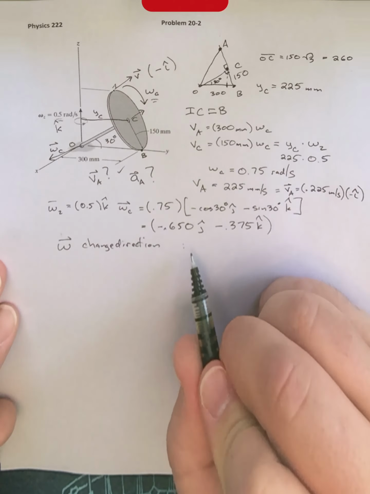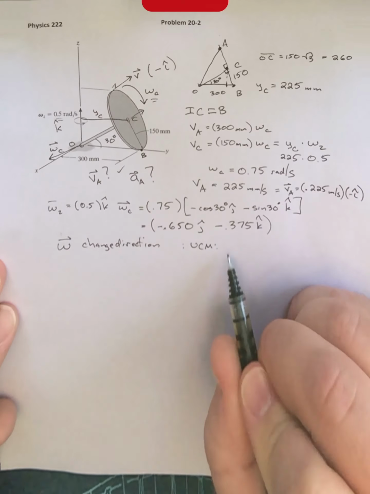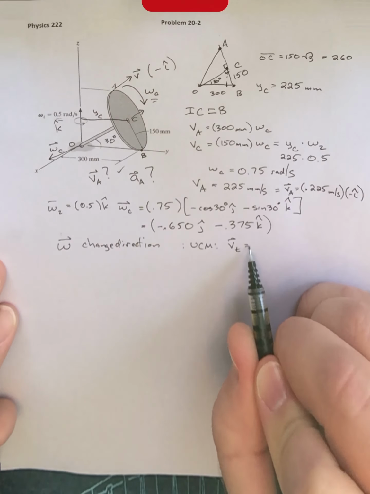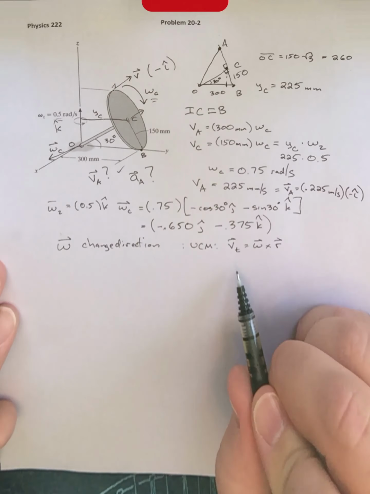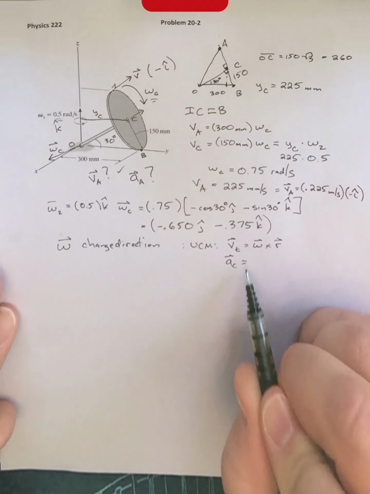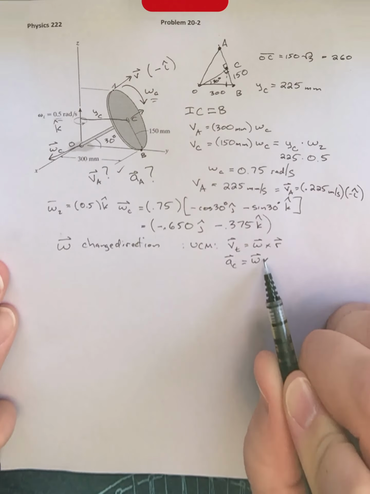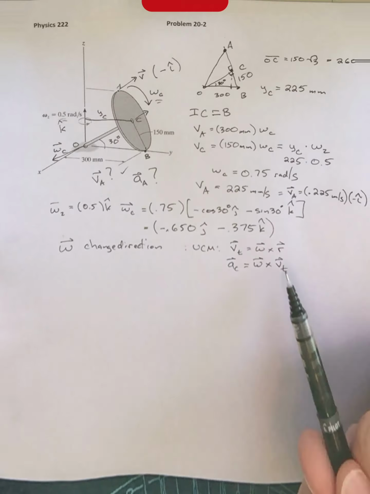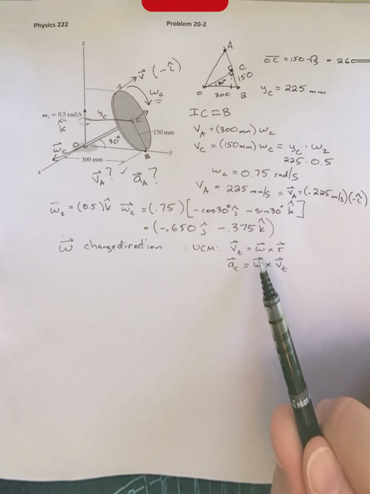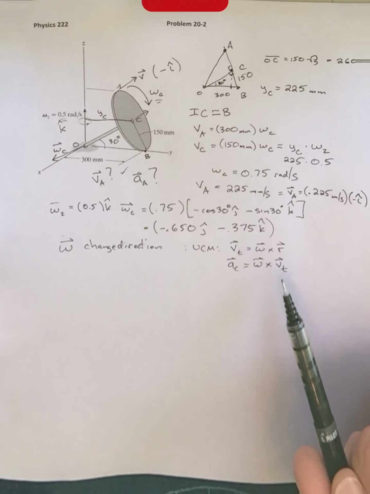In fact, when we looked at uniform circular motion, we had a relationship between our tangential velocity and our radial vector, and these will look familiar because we're still using them. Centripetal is equal to omega cross v sub t.